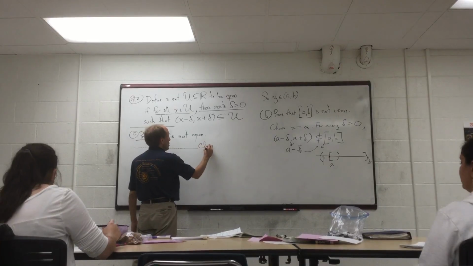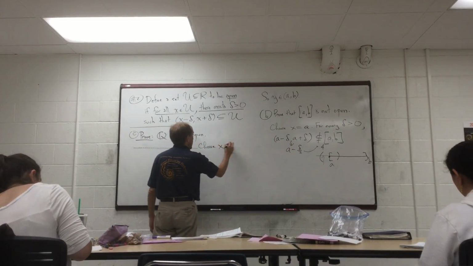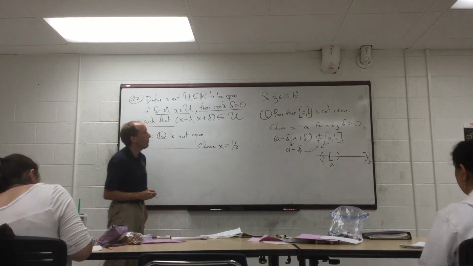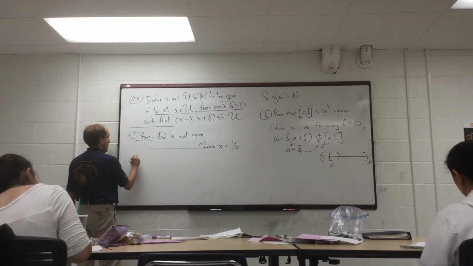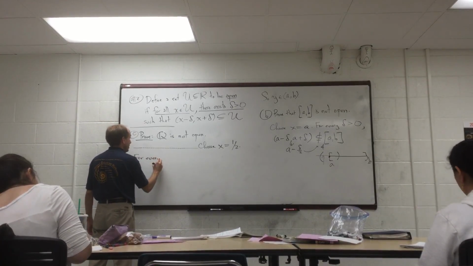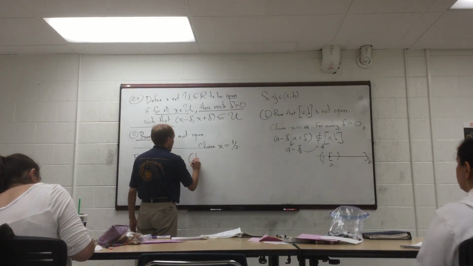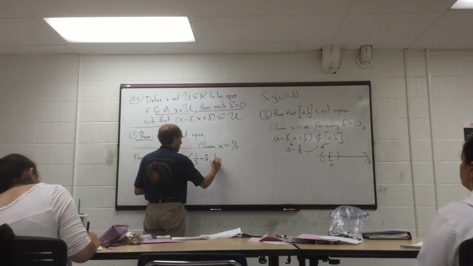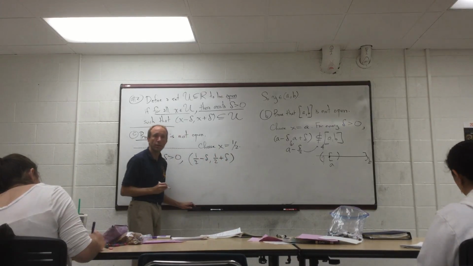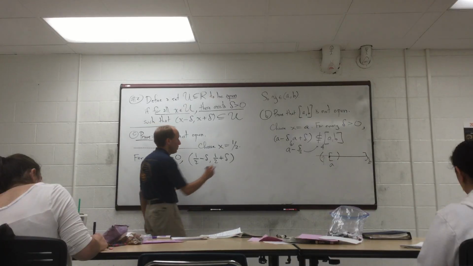You choose a specific point, so choose 1/2. I claim that every delta fails. For every delta greater than 0, if we look at the interval from 1/2 minus delta to 1/2 plus delta, the question is, is this contained in Q?